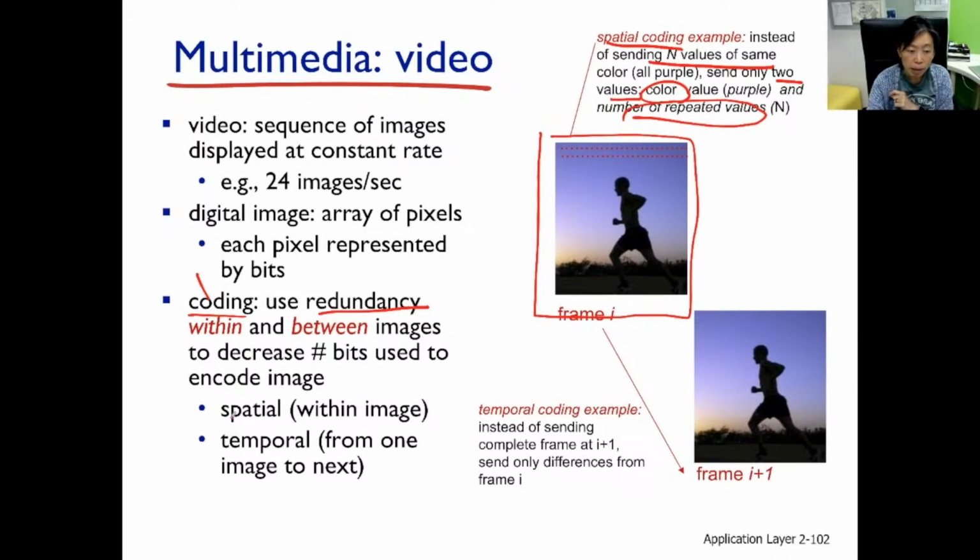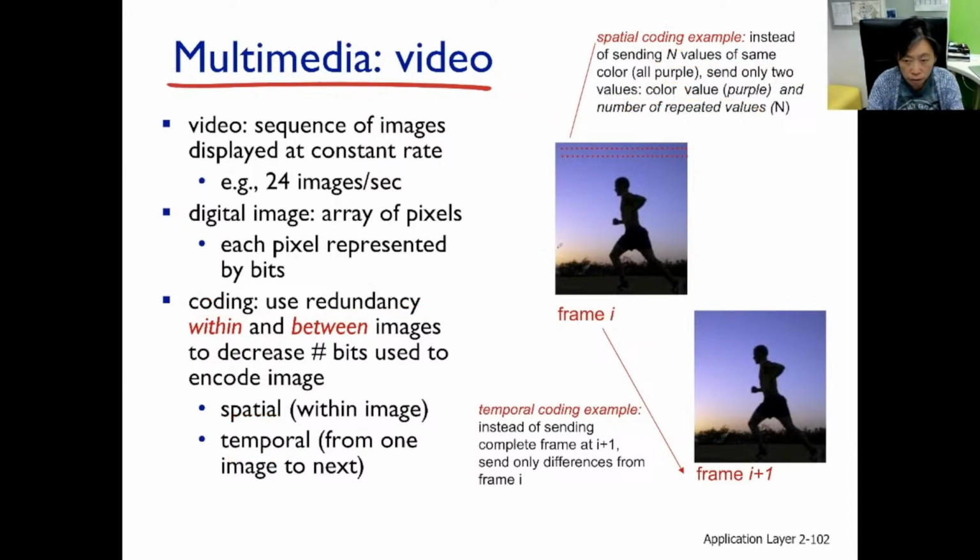So that was spatial. The other way is temporal. That is to look at this from one frame to another frame when we're in action. For most cases, slow action, you will see that between frame I and the next one, I+1, there's not going to be much difference. These pixels remain similar here. The colors pretty much stay the same, right? So instead of sending all the pixels in a frame, why don't we send only the differences from the new frame to the old frame?